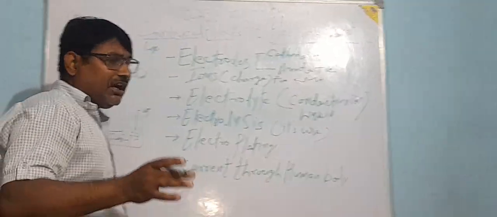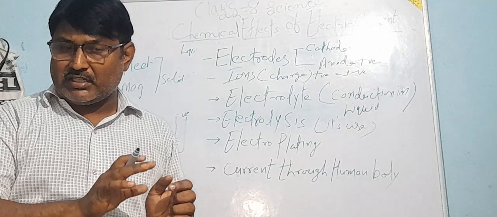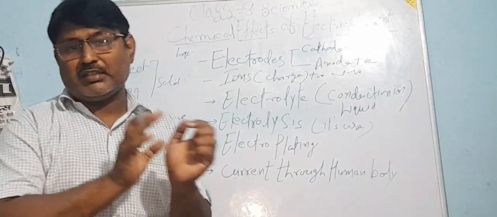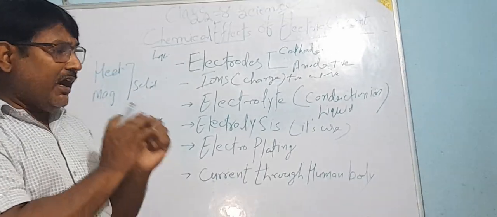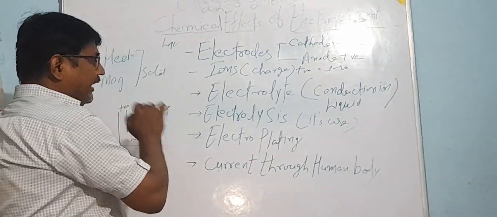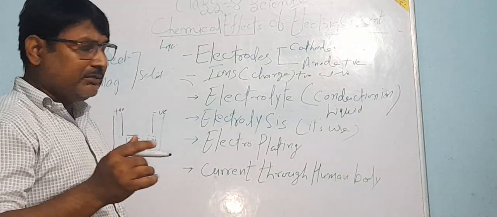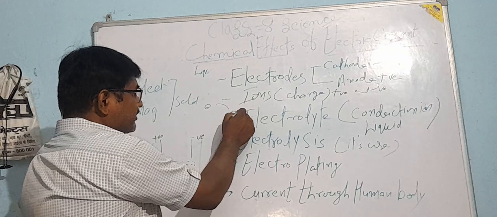So positive charge how? Generally atoms are always in neutral state, means the number of electrons and number of protons are same. So that's why they are in neutral state. But ion means when any atom loses electron. So when any atom loses electron, it becomes positive charged.